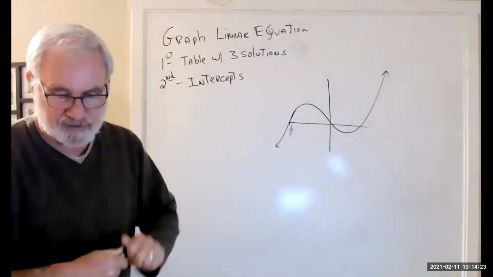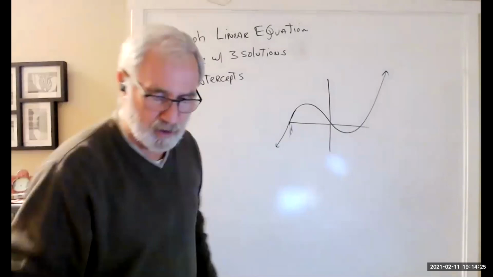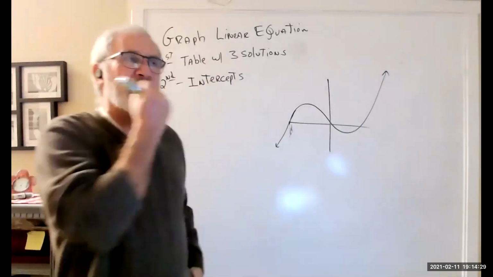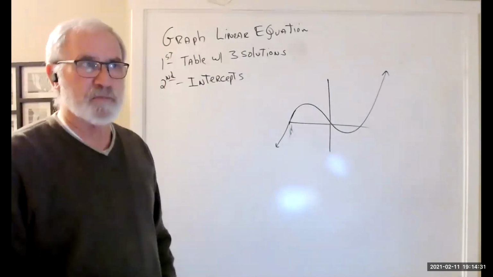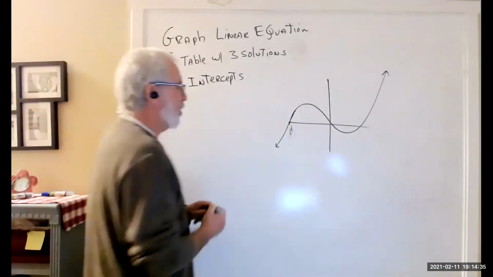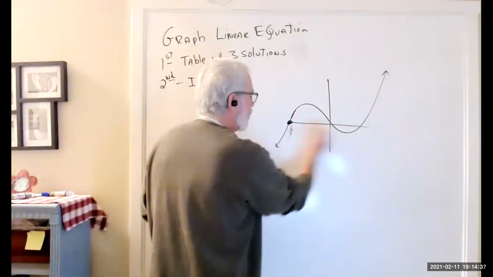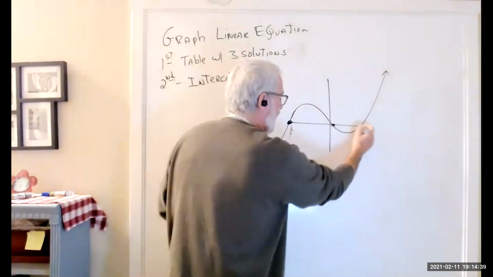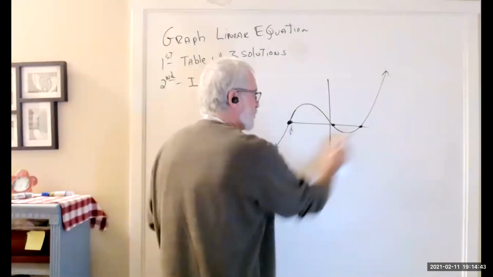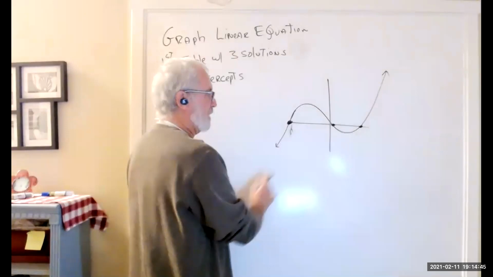And then they'll start talking about the X-intercepts. Well, the X-intercepts are all those points that fall along the X-axis. These are called the X-intercepts.